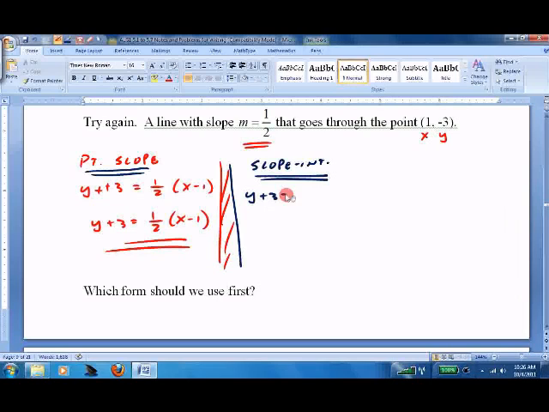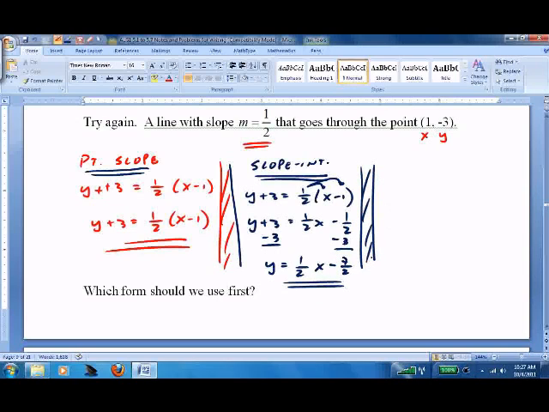Distribute the 1/2. First, I'm just copying it over. y plus 3 equals 1/2 x minus 1/2. Subtract 3 from both sides to get the y alone. y equals 1/2 x minus, if I multiply this by 2 over 2, I get 6 over 2.